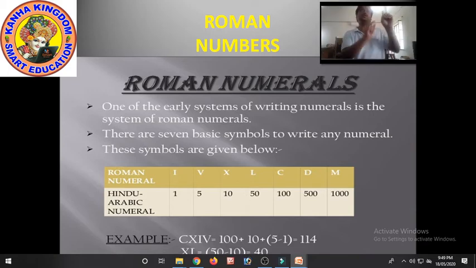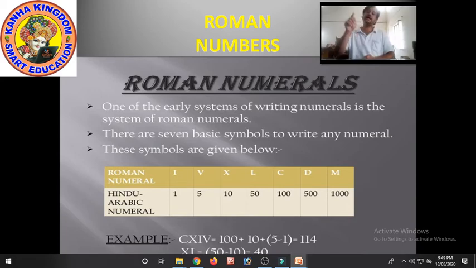So 100 plus 10 plus in brackets 5 minus 1, means 100 plus 10 plus 4, equals 114.